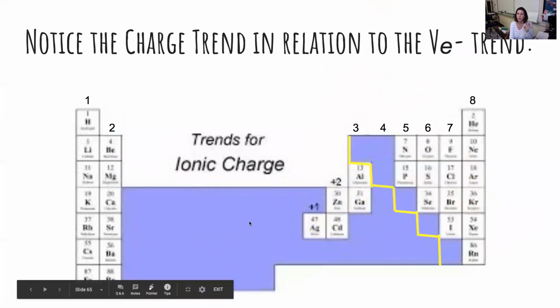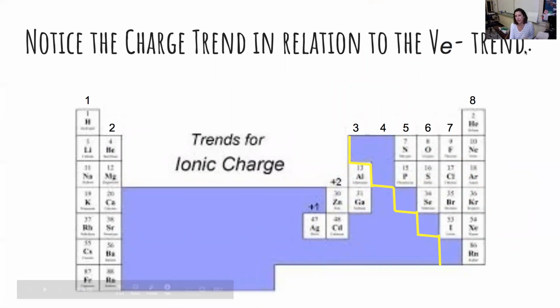Please make note on your periodic tables; you need to jot down the charge trend. So add this to your periodic table. You already have the valence electron trend written across the top of your periodic table, or you should: 1, 2, 3, and so on, skipping this lower section. That should already be on your periodic table for my class.